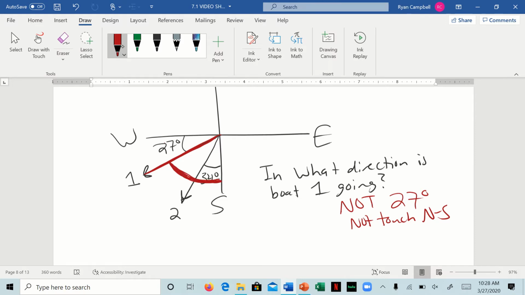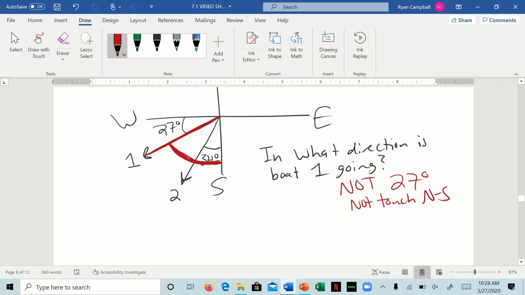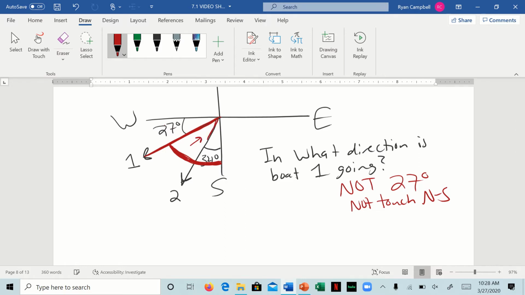It's the whole thing, right? So then how are we going to figure out what this whole angle is? Well, first we need to figure out what this angle is, this little one. And then we can just add those two together, right? So we know that the whole thing from here to here should all be 90 degrees. So we can do 90 degrees minus 27 degrees minus 34 degrees.